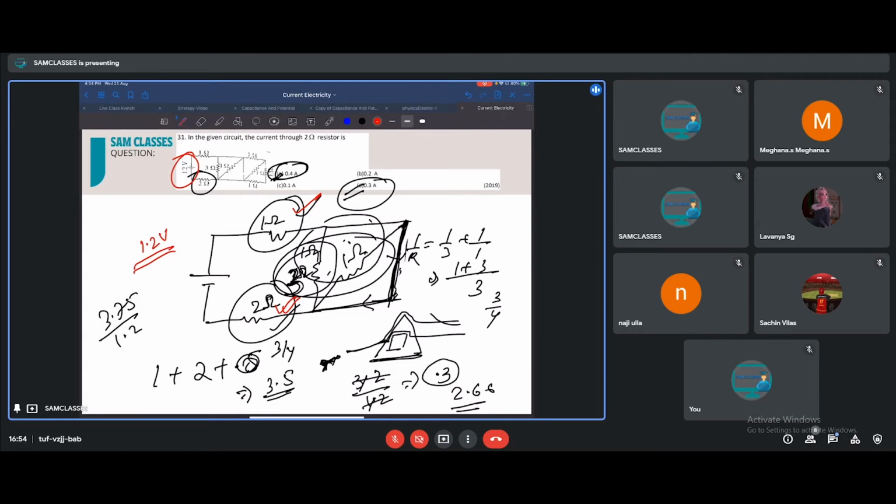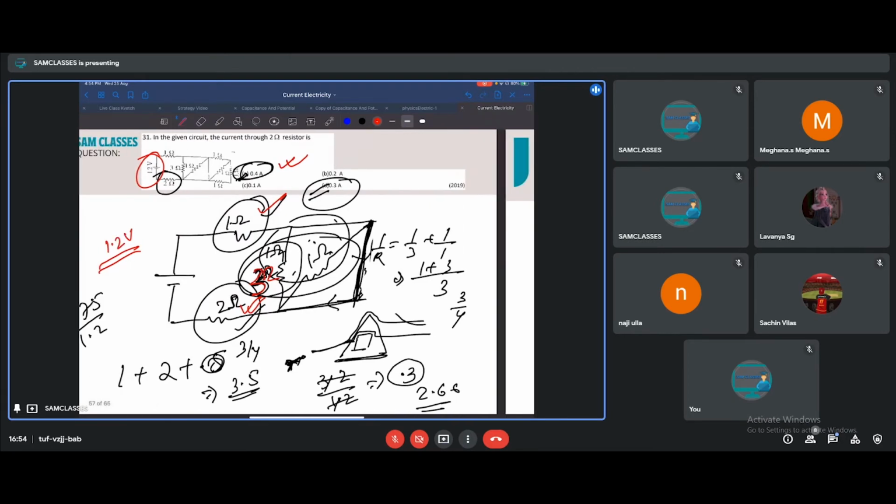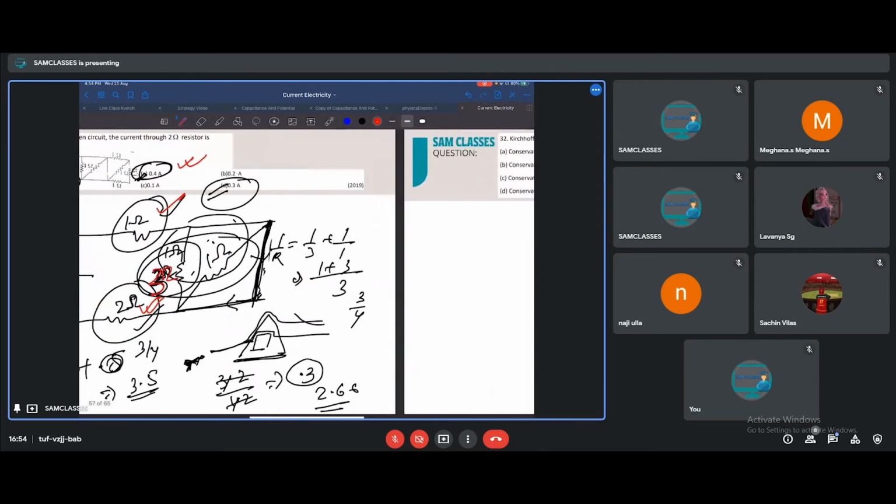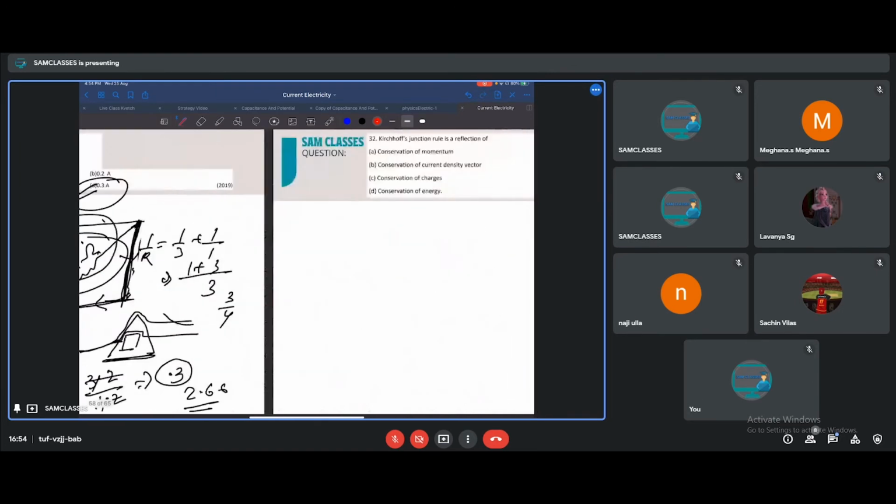That will come out around 2.67, which is near to 3. Now if we go for 3 ohm here, we'll get somewhere around 3.5, so that will be near to 4, so 0.4 in that case. Since we don't know the exact value, a bit hazy print is there, so we'll go through that.